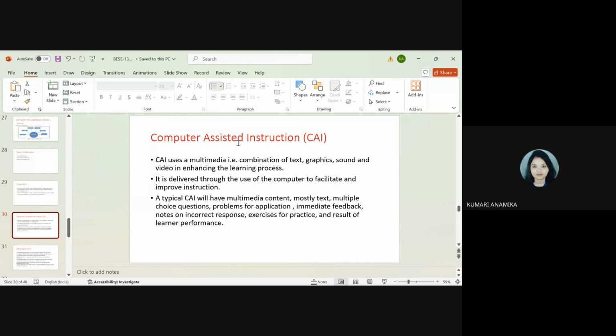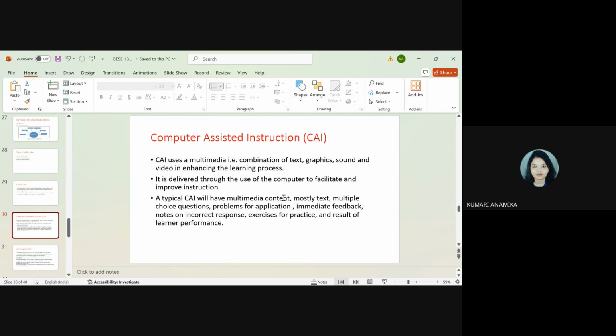Next is computer assisted instruction, CAI. CAI uses multimedia, that is a combination of text, graphics, sound, and video, in enhancing the learning process.